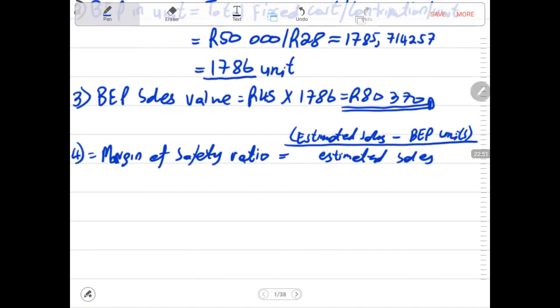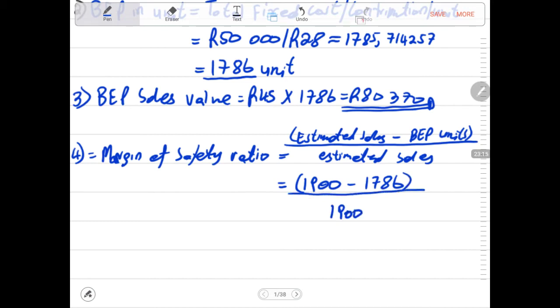Sometimes they can give you that figure as is. So we have 1,900 as our estimated sales minus break-even point units, which is 1,786 that we just calculated above. Then we divide this by 1,900.